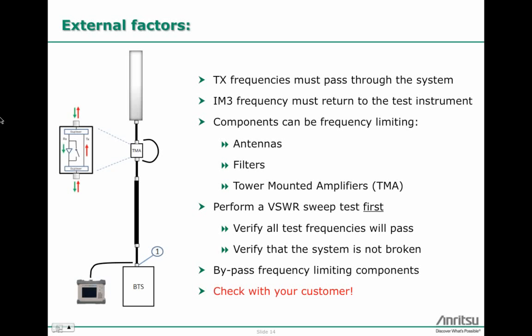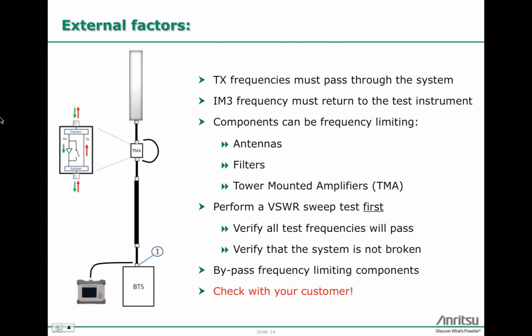So the requirement is that the transmit frequencies that you choose must be able to pass all the way through the system under test and not be blocked. Likewise, the IM3 signal that you're trying to measure has to be able to make it back to the test set. Probably the most common problem there would be a duplexer in the system, a component designed to separate transmit and receive signals.